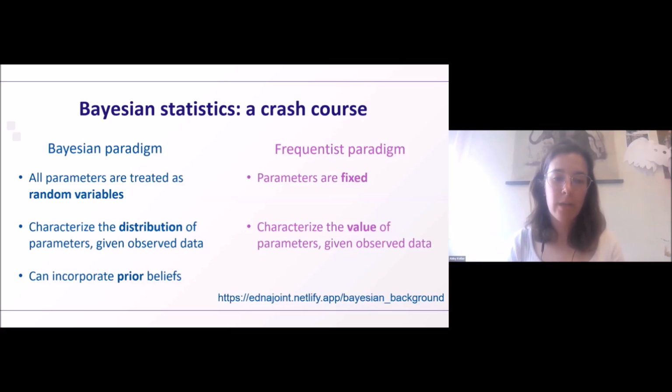Similarly, in the Bayesian paradigm, we characterize the distribution of model parameters given the observed data. This is different from frequentist statistics, where we characterize the value of parameters most consistent with the observed data. And really importantly, the Bayesian framework encodes the idea of a prior belief that can be updated based on data.